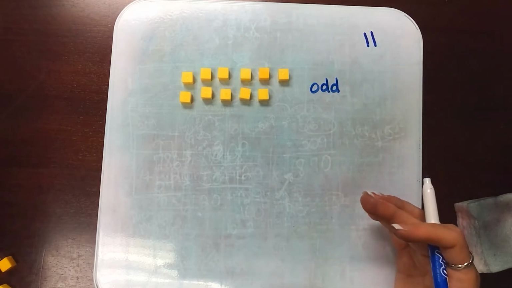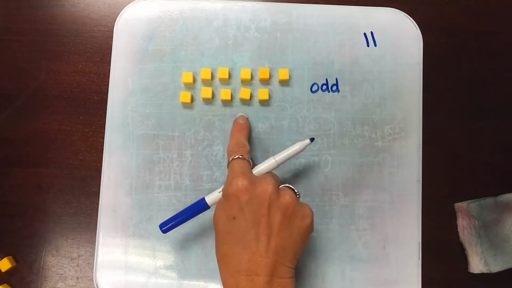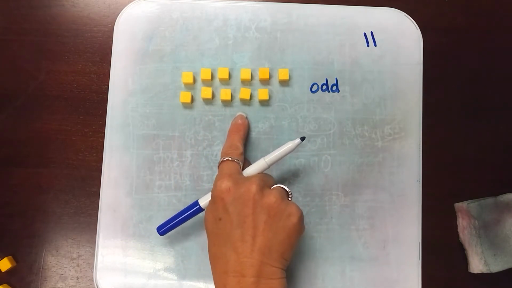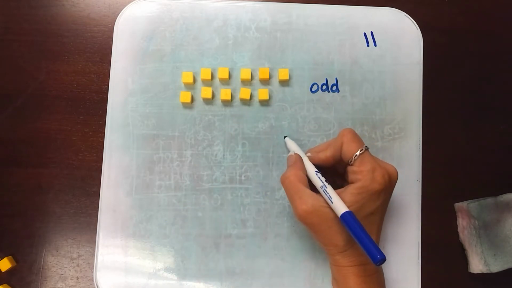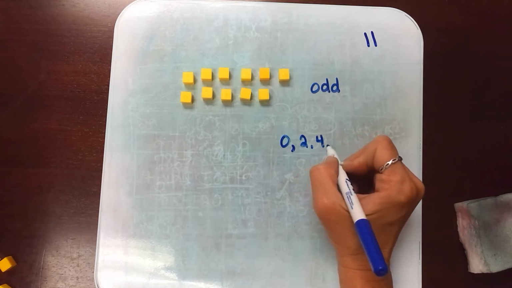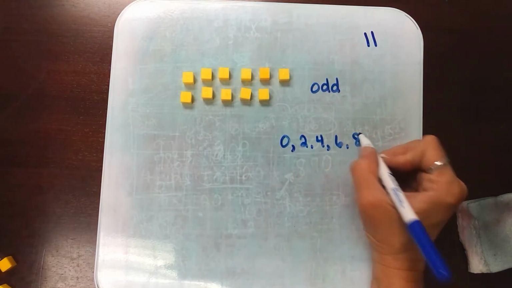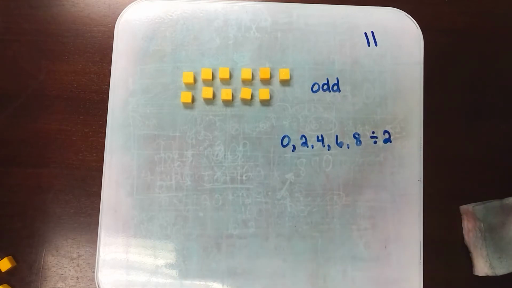What we want students to do in 3rd grade is to do a lot of this so they come up with the understanding that if a number ends in 0, 2, 4, 6, 8, it is always going to be divisible by 2. Okay?